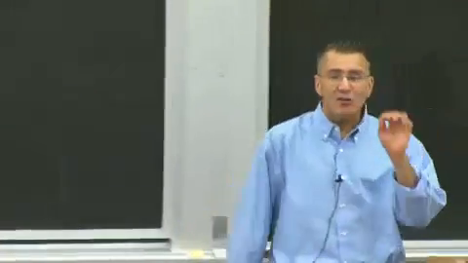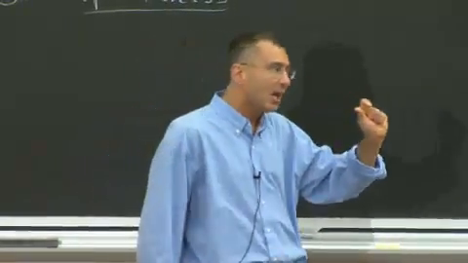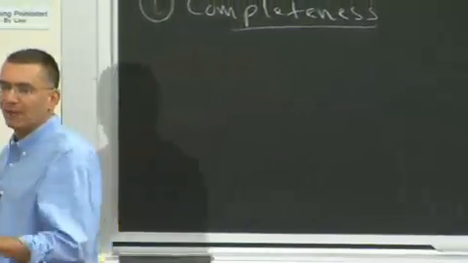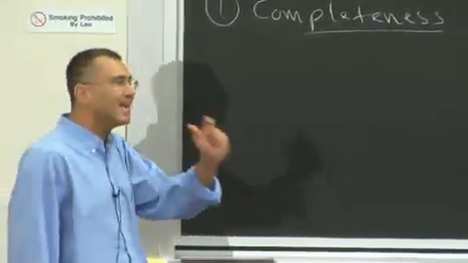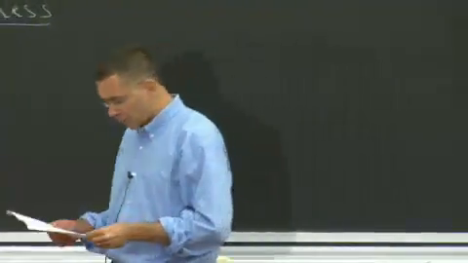So what we're saying is whenever I offer you two bundles of goods, you can always tell me which you like better. Now, it could be infinitesimally better. I'm not saying you have to have strong preferences, but you cannot say I'm indifferent. There always has to be some slight preference for one bundle of goods over another. That's the completeness assumption. Okay?